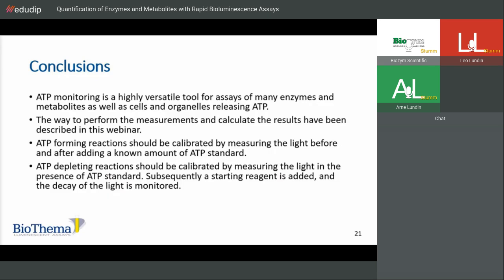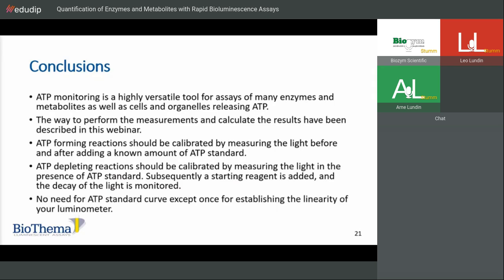ATP depleting reactions should be calibrated by measuring the light in the presence of ATP standard. Subsequently, a starting reagent is added and the decay of the light is monitored. No need for ATP standard curve except once for establishing the linearity of your luminometer.